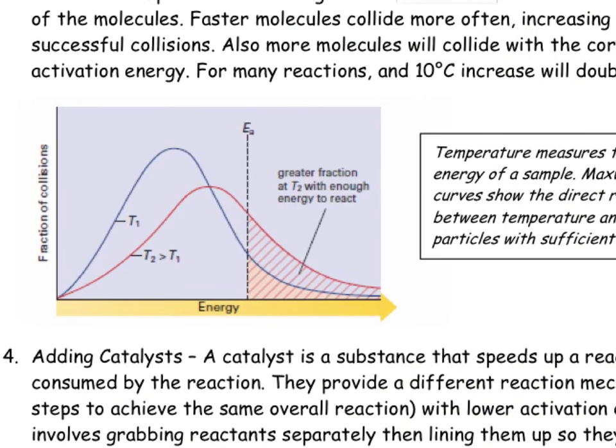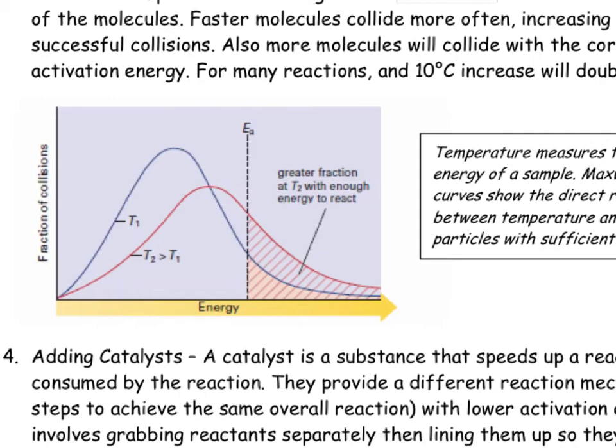Below is a diagram known as a Maxwell-Boltzmann plot, showing you how the kinetic energy of a sample of particles and its temperature are related. The temperature of a substance only tells you the average kinetic energy of your particles.